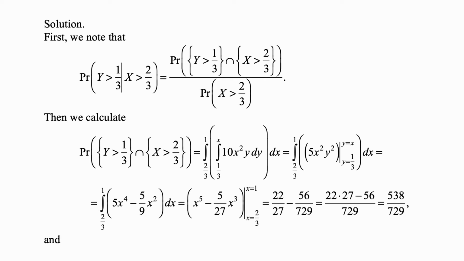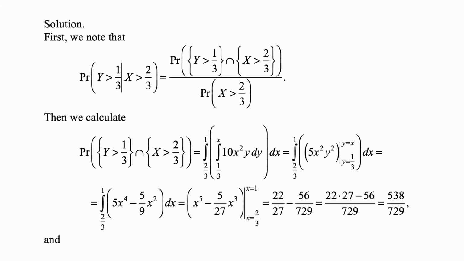Well, x runs from 2/3 to 1, and for any fixed value of x between 2/3 and 1, y has to be less than x, because that's one of the conditions for the density to be positive. And y runs from 1/3 to the value of x. That's where y is more than 1/3, but less than x.